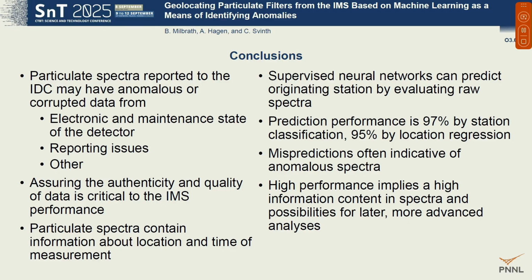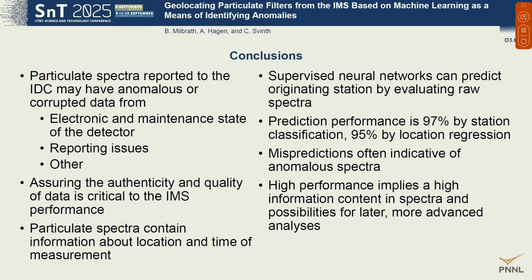Supervised neural networks can predict the station. I expected to be able to find anomalies, but I did not appreciate how good we could do at picking the correct station of an IMS spectra. We got greater than 97% accuracy in classifying the station that an IMS spectra originated from.